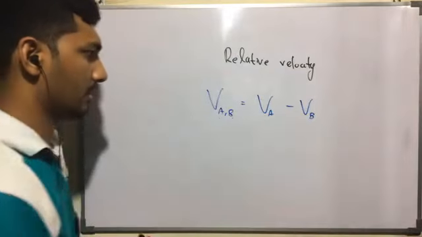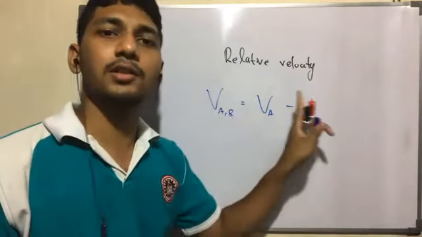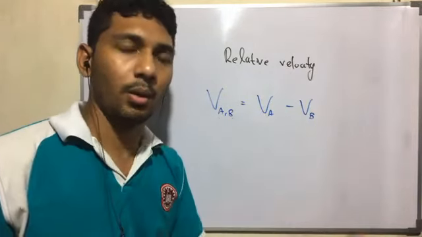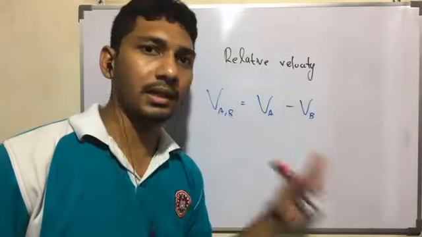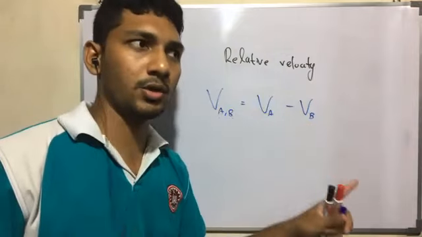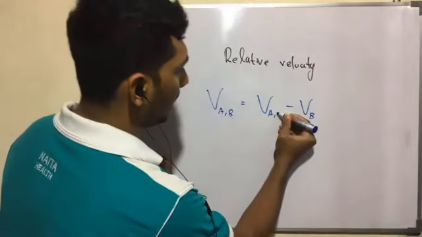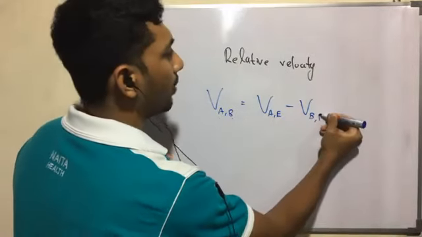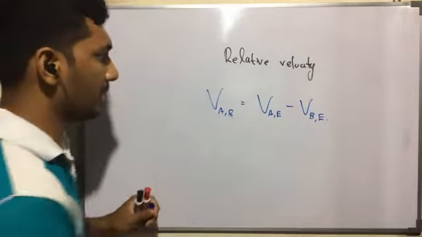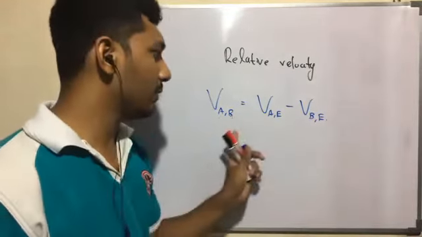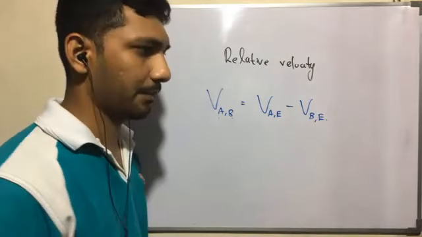This is the equation: velocity of A minus velocity of B. These two velocities are relative to Earth. All the motions happen on Earth, so we talk about the motion relative to Earth in these instances, V_A,E and V_B,E. So this is the common equation, and you can use it to find this out.